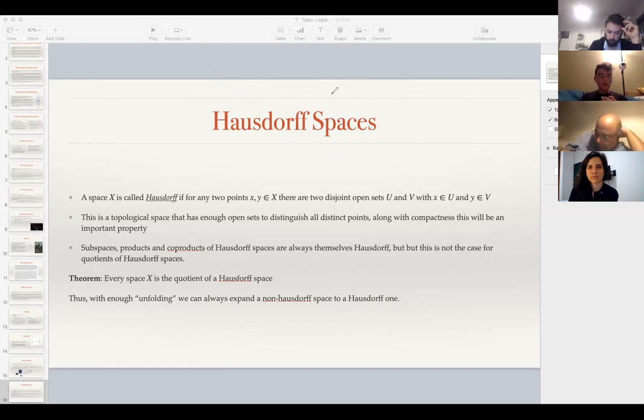You can find two open sets that they're different in. But there could also be one that contains both, right? It just happens that at some point they split off.